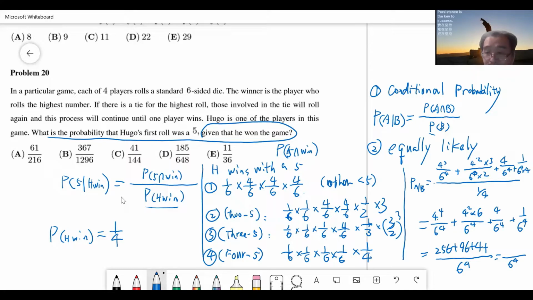Oh, I think I forgot times 4. This is 4 to the power 2, this is going to be actually 16. Then plus 1. So added together, this actually equals 369.